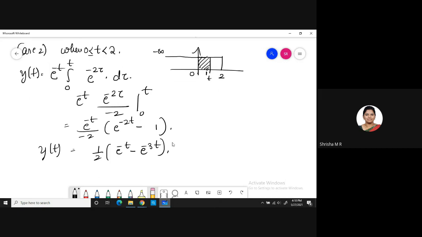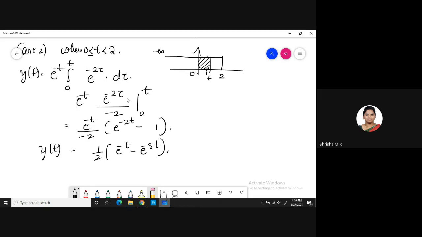Case 2. Understood everyone? We have e power minus t, integral 0 to t, e power minus 2 tau into 1 into d tau, because the amplitude of the unit step is 1. I didn't write that; you can just ignore it, it's 1. So e power minus t into the integral of e power minus 2 tau by minus 2 with limits 0 to t. I'll take this 2 here, e power minus t by minus 2.